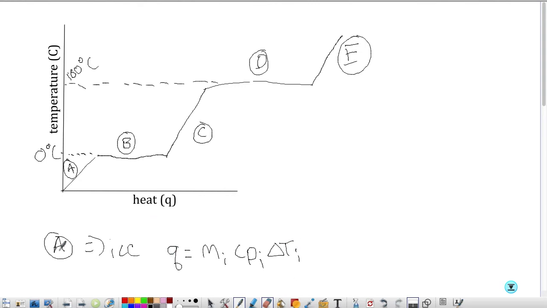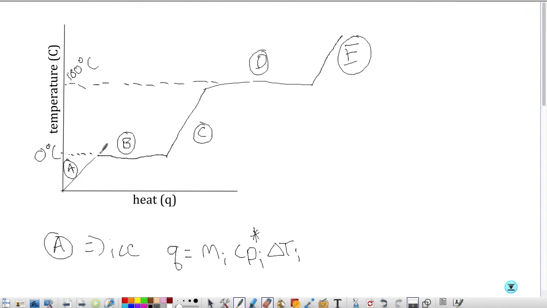The heat gained or lost in this region is Q equals the mass of the ice times the specific heat of ice. Now remember, this is a different value than the specific heat of liquid water, times the change in temperature. Q equals mCp delta T over this region.